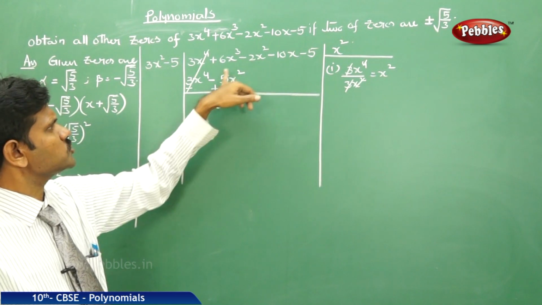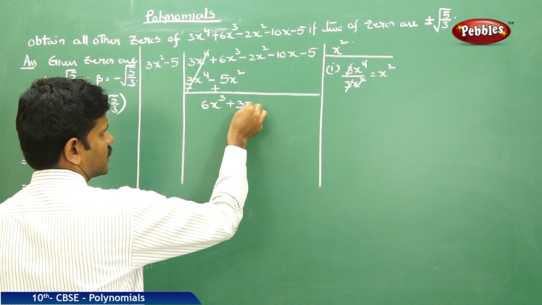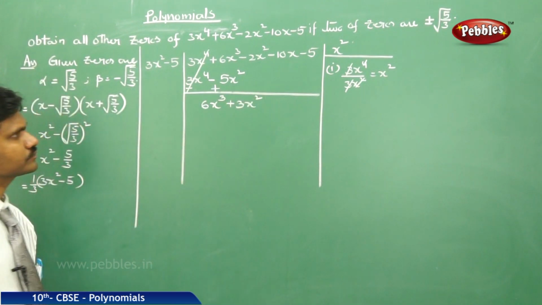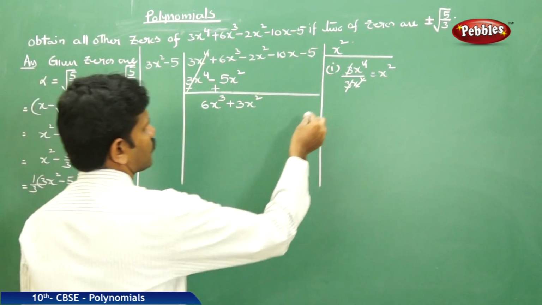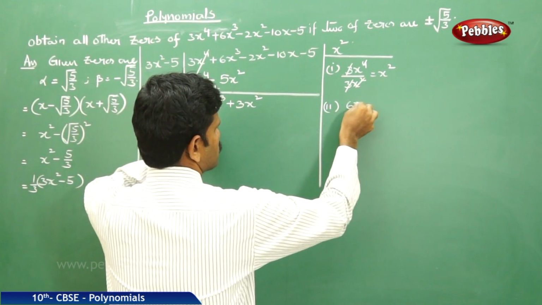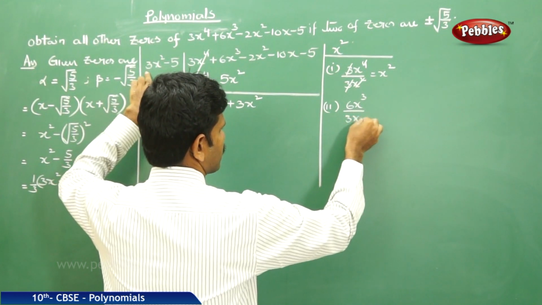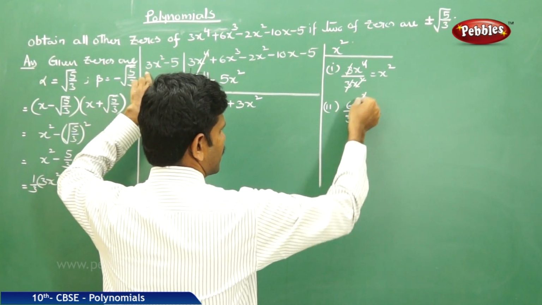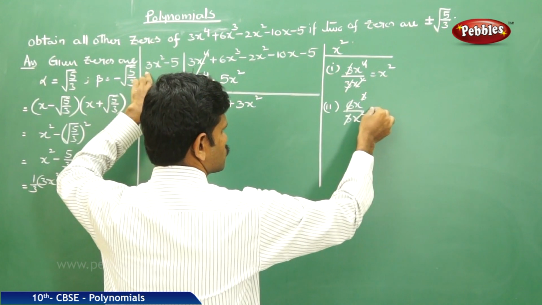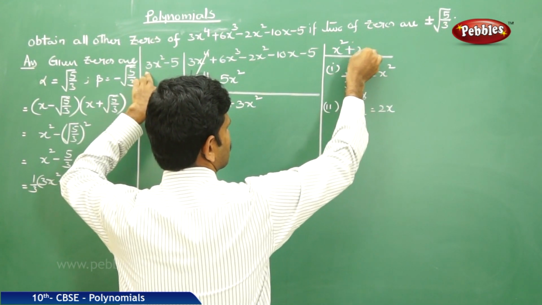Then minus 2 plus 5, that is plus 3x square. Now second cancellation, that is 6x cube by 3x square, x cube by x square cancels, 3 twos are 6, so 2x.